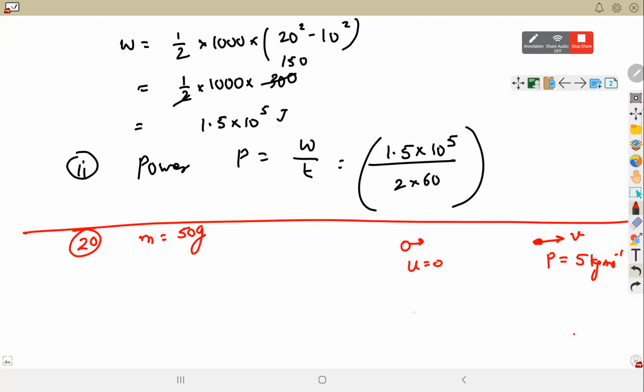Tejasvi, what is the formula of kinetic energy in terms of momentum? There is one formula, half mv square. Another formula was there in terms of momentum.